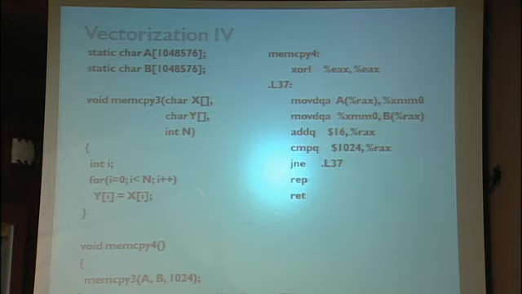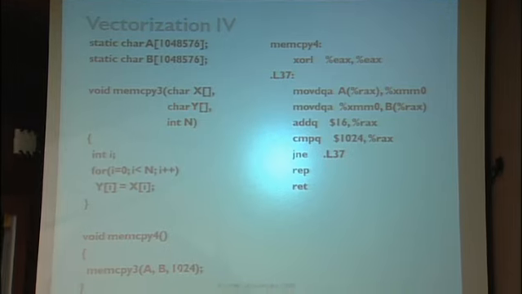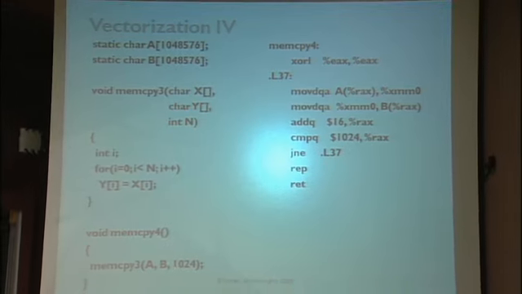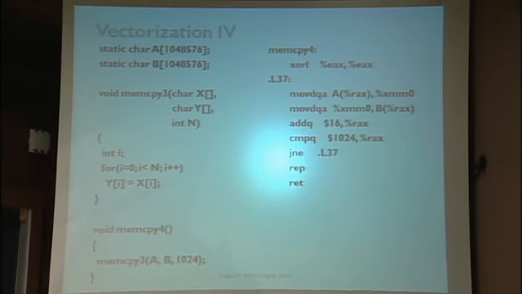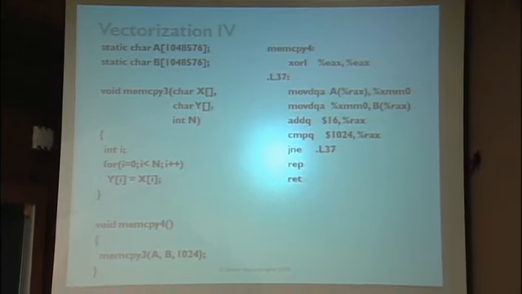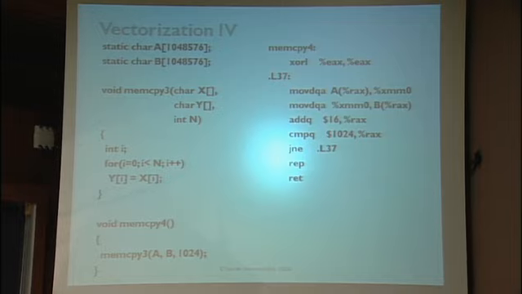Another interesting thing: in the first one I just copied two arrays, A to B. In memcopy 4, I called memcopy 3 doing the same thing, copying A to B, 1024 elements. This is the beauty of inlining. In memcopy 4, it inlined memcopy 3 and substituted x and y with A and B, and n with 1024.